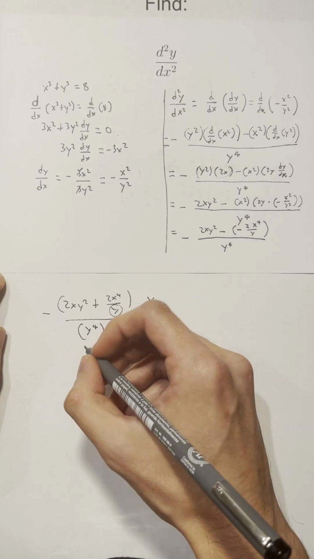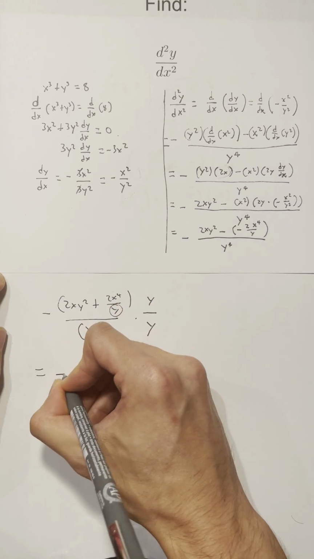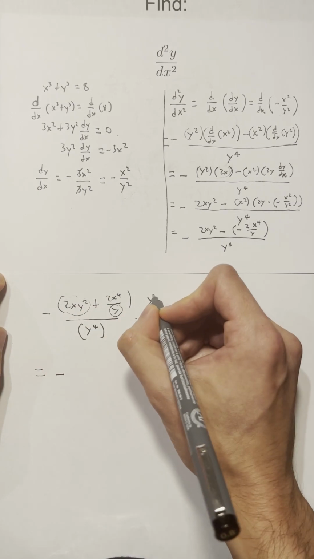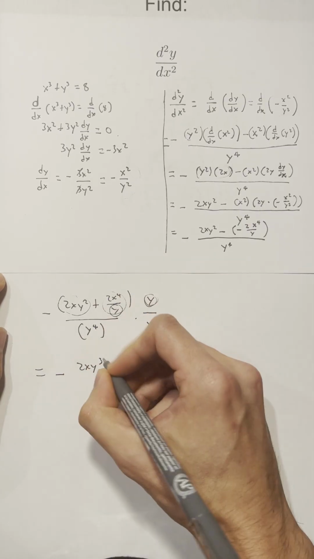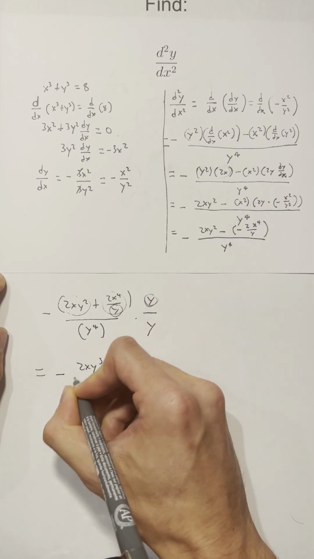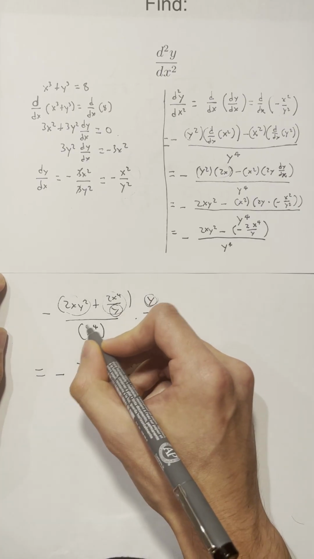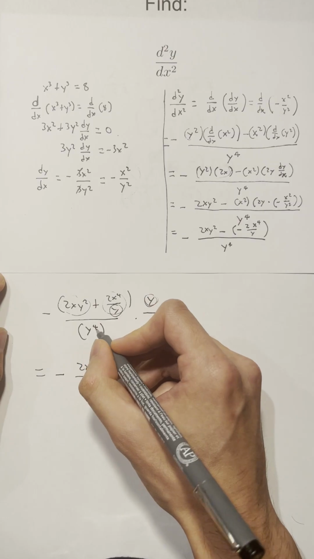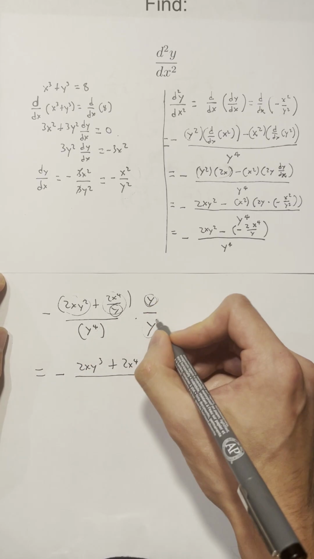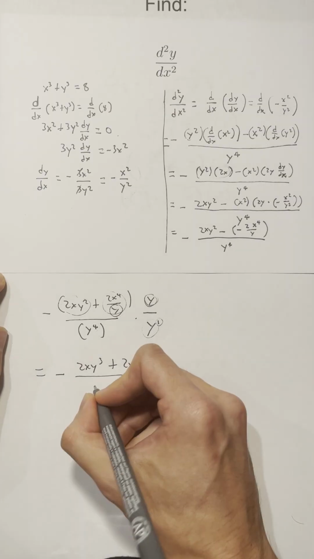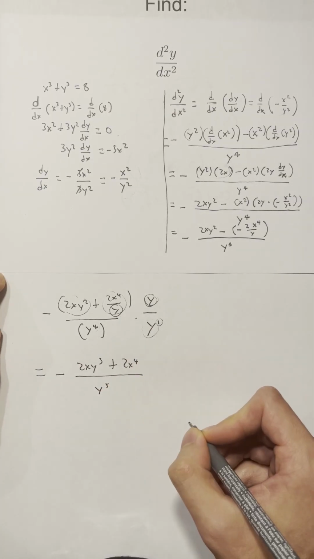So this is going to give us what? So this times this times this. So this times this is the same thing as y to the power of 4 times y to the power of 1. What do I do with 4 and 1 again? Add them.